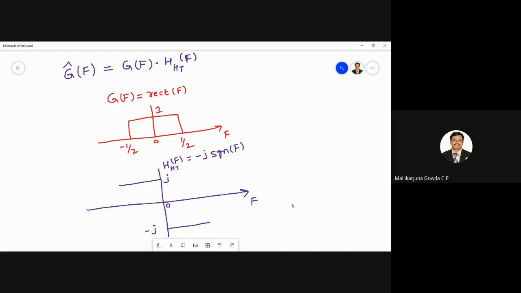See here, from minus 1 by 2 to 0, its value is 1, right? Here HST of f is j. So from minus 1 by 2 to 0, the value of g cap of f will be j. Then from 0 to 1 by 2, the value of g of f is 1 and the value of HST of f is minus j. So minus j into 1 is minus j. So from 0 to 1 by 2, we will get minus j. Yes or no?